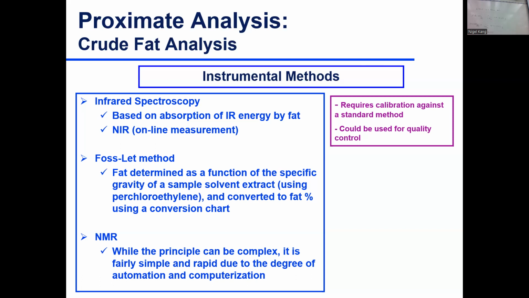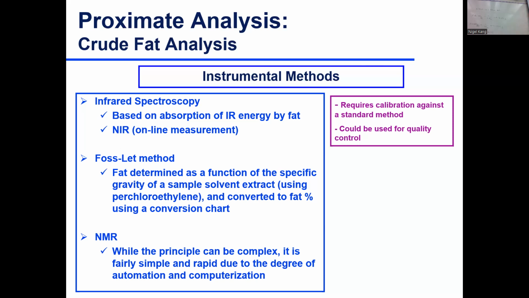And then you do the same analysis with IR on the same samples. That 2% fat resulted in a certain amount of absorbance in IR. 4% fat resulted in another absorbance. And then you can have a calibration equation based on that.